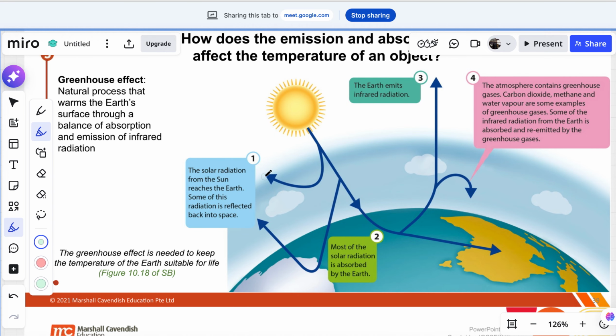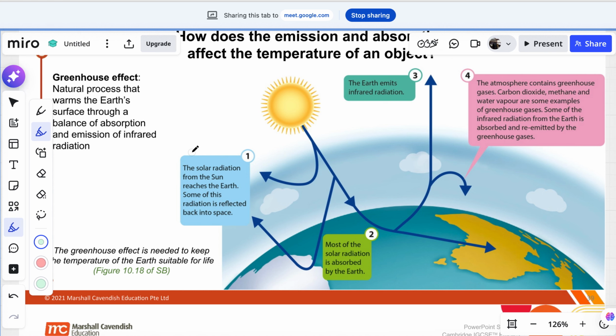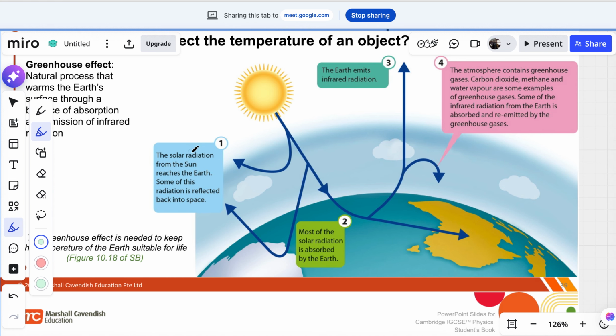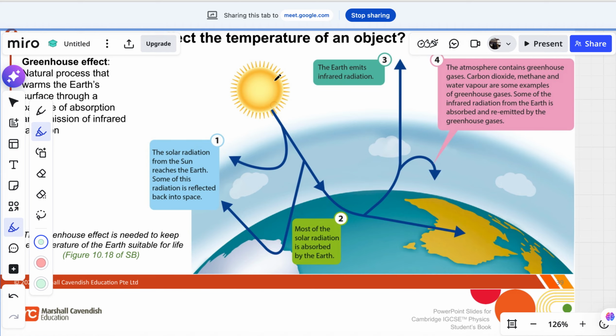Global warming is caused by what we call the greenhouse gas effect. The greenhouse effect is a natural process that warms the Earth's surface through a balance of absorption and emission of infrared radiation. The sun gives us thermal energy, or infrared radiation. When it reaches the Earth, some is absorbed, which warms the Earth and makes it not too cold.